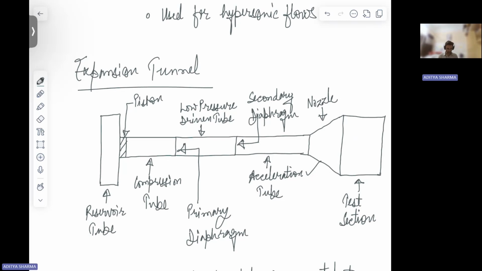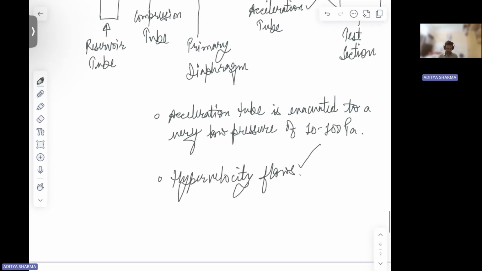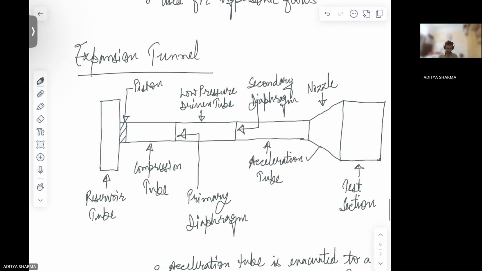Then your low pressure driven tube and your acceleration tube are separated by a secondary diaphragm. Your acceleration tube is evacuated to a very low pressure of 10 to 100 pascals. Then your acceleration tube is connected to your nozzle.